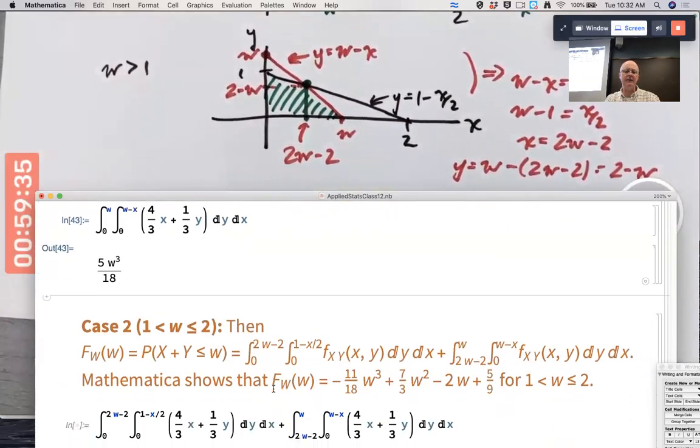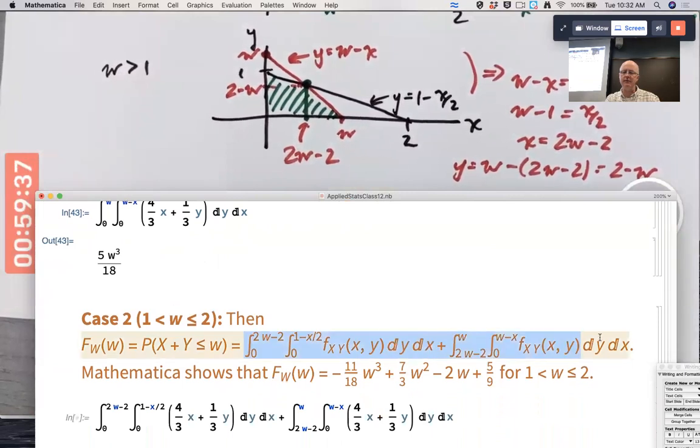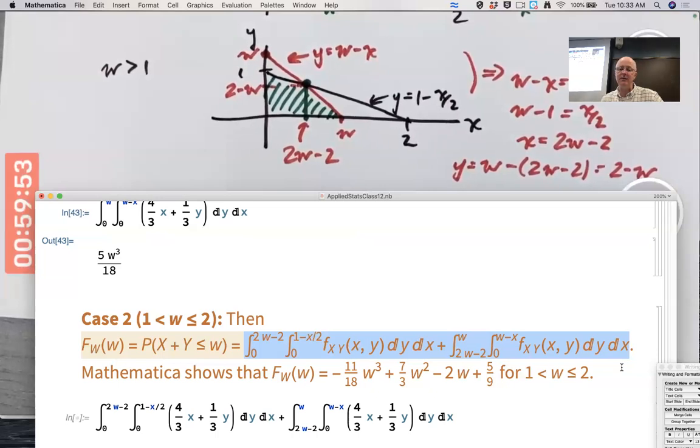In the end, what happens is you have to do the sum of two integrals, these two integrals. And doing those would be a pain. Very easy to make a mistake. If I had to do it, yeah, I could do it. I don't know, it might take me 10 minutes, something like that, I guess.